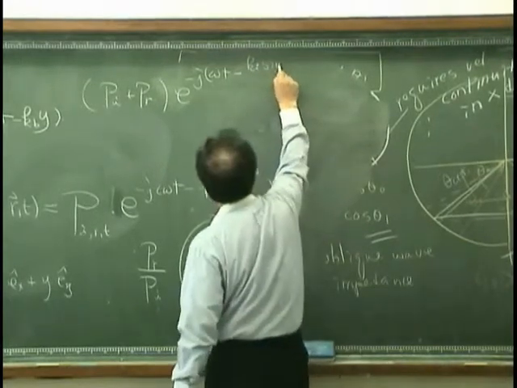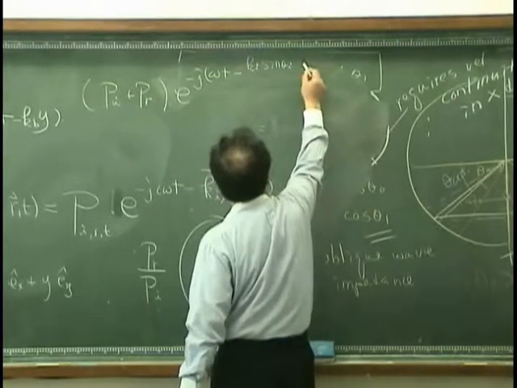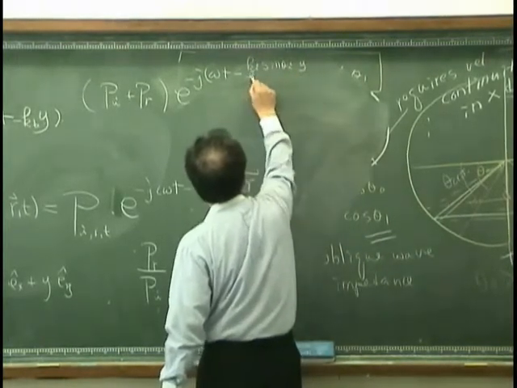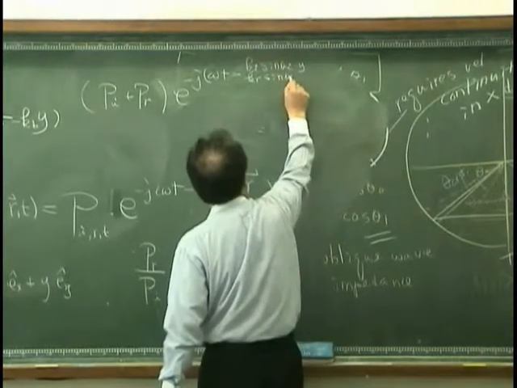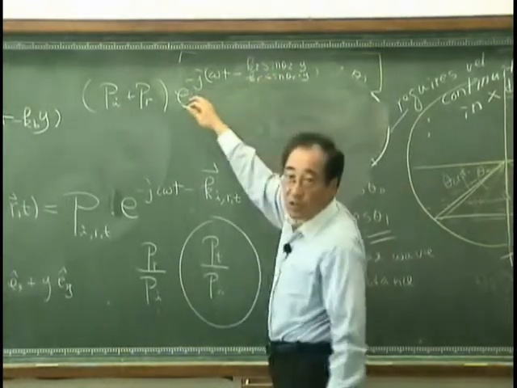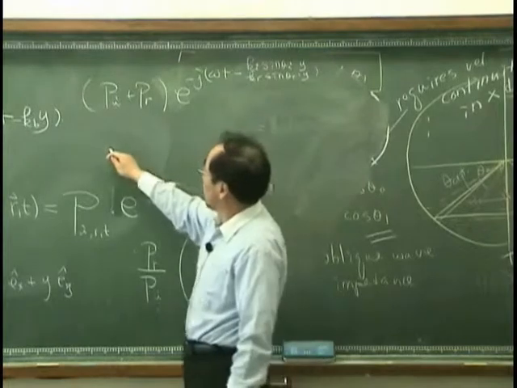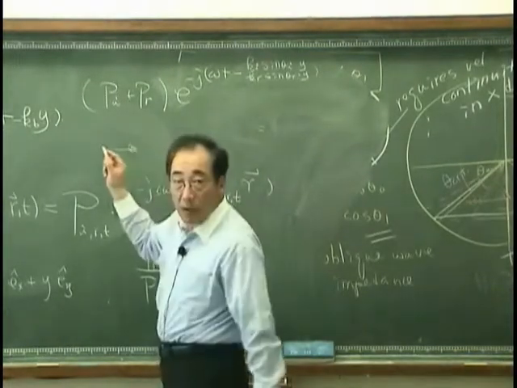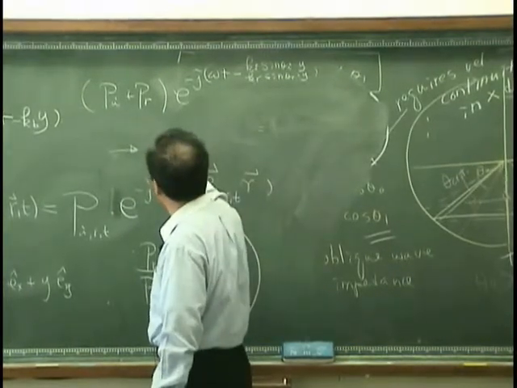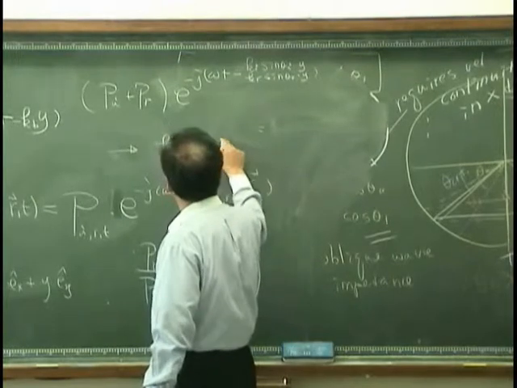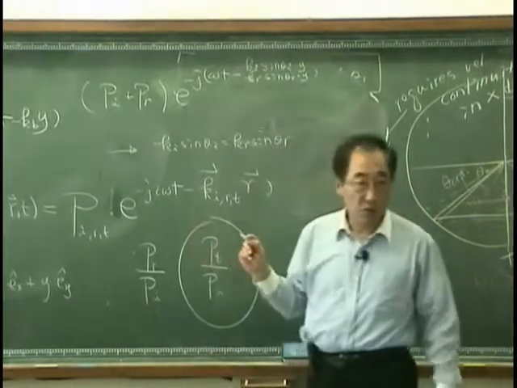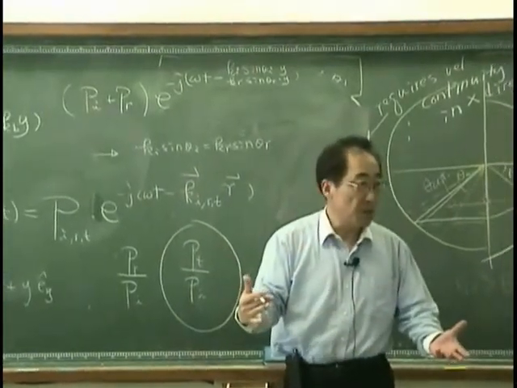Sine theta I, and then y, and I also have a kr sine theta r in y direction, and so on. And those have to be the same, therefore we can also conclude that the same geometrical relation related to wave number, that is ki sine theta I, has to be the same as kr sine theta r. Of course, therefore theta r and theta I have to be the same.